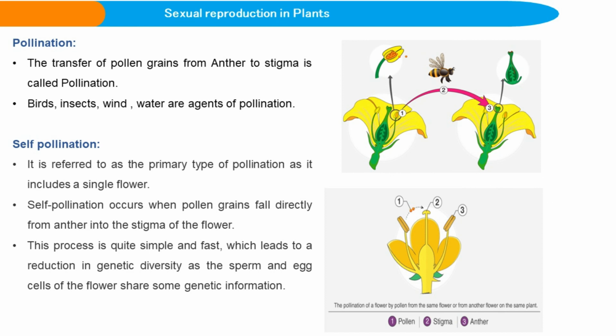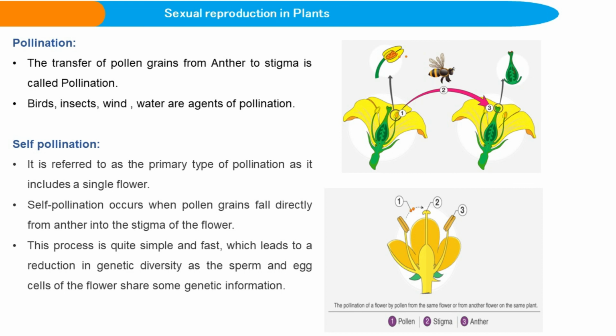It is referred to as the primary type of pollination as it includes a single flower. So, generally we refer to it as a primitive type because it includes a single flower. Self-pollination occurs when pollen grains fall directly from the anther to the stigma of the flower.